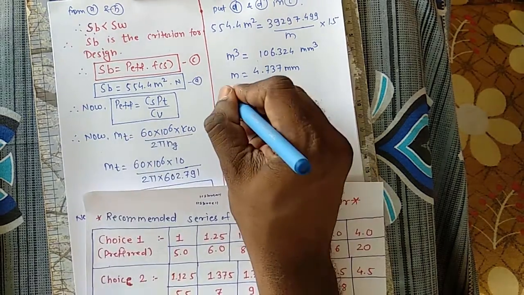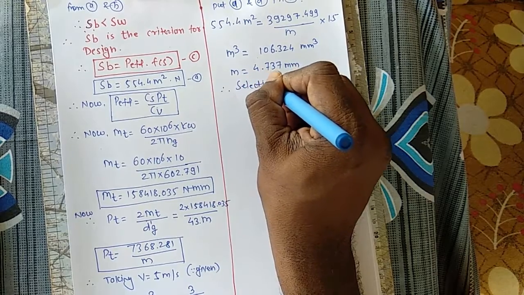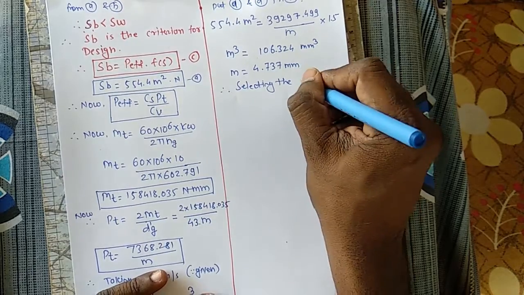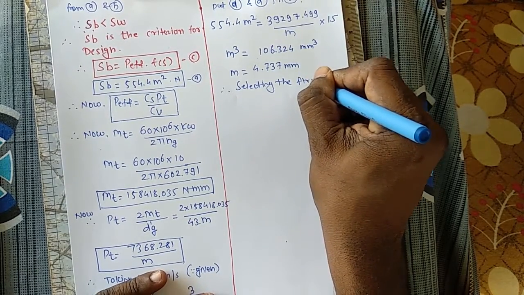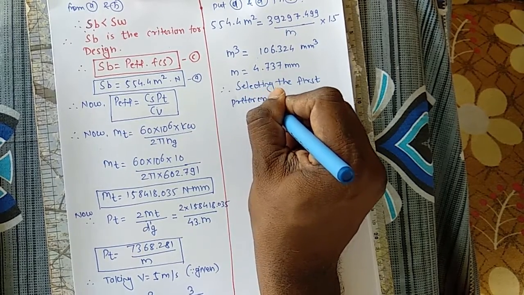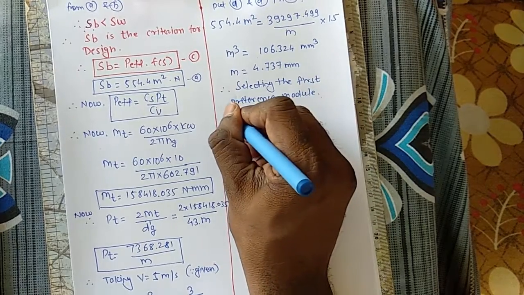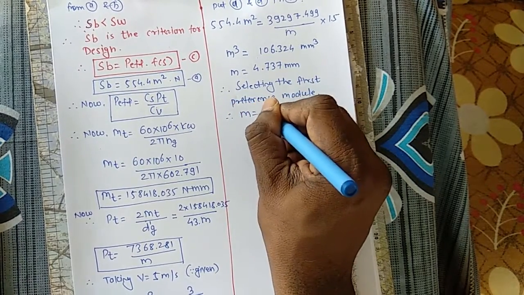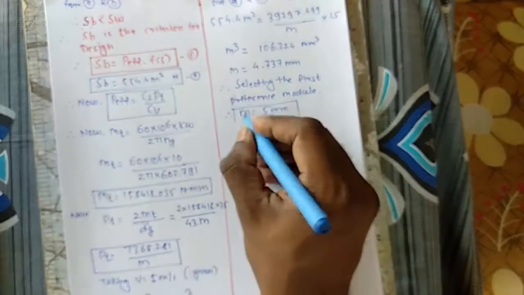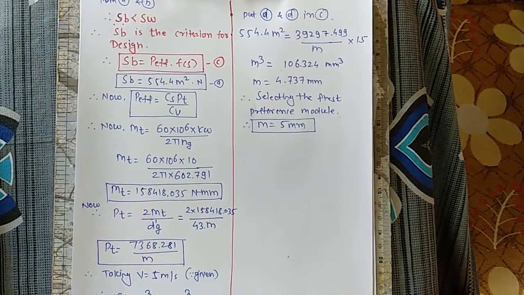So selecting the first preference module, therefore m is equal to 5 mm. So this is the answer we got for module.